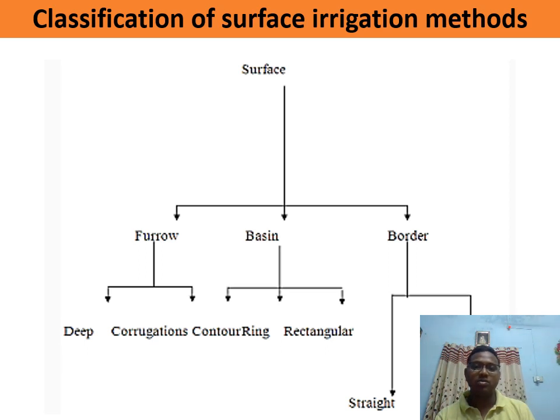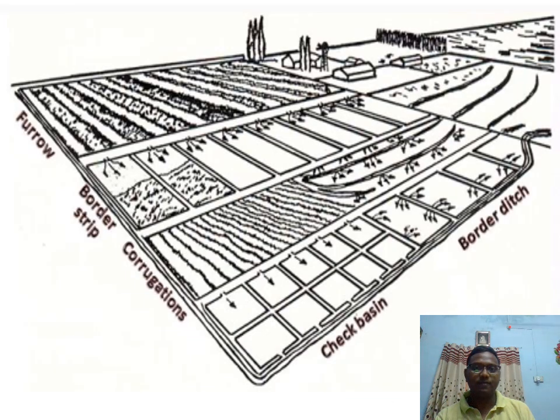As you know, drip and sprinkler are based on pressurized irrigation systems. So in your syllabus we will see only the gravity flow methods. This figure depicts the different surface irrigation methods: furrow, border, corrugation method, the check basin method and border ditches.